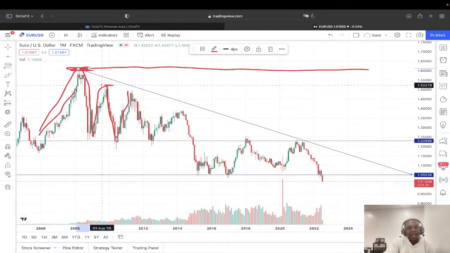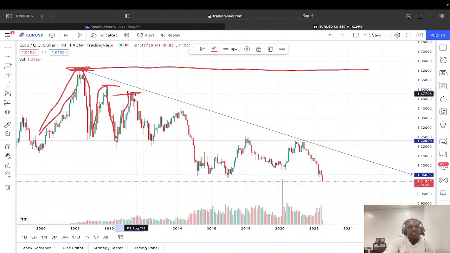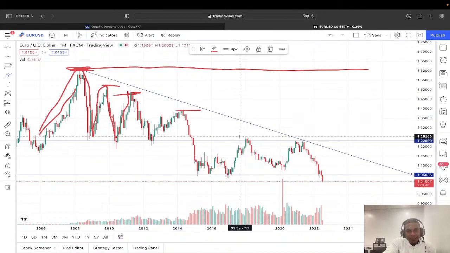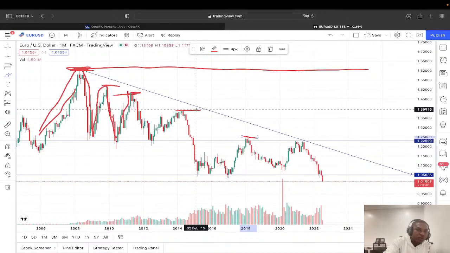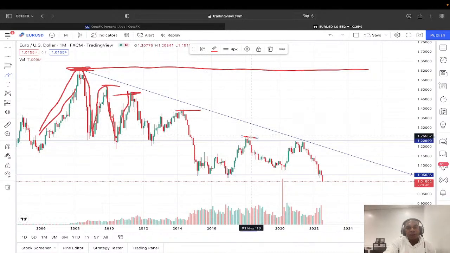And then this high is lower than this one. Before we got to this place, we saw that price was moving in a zigzag format downward.